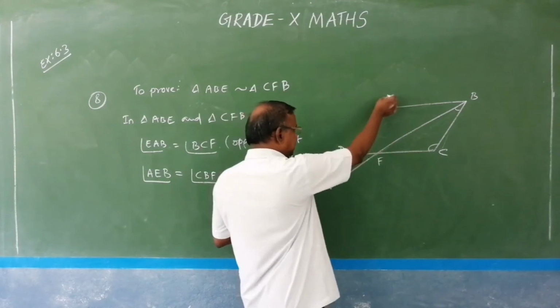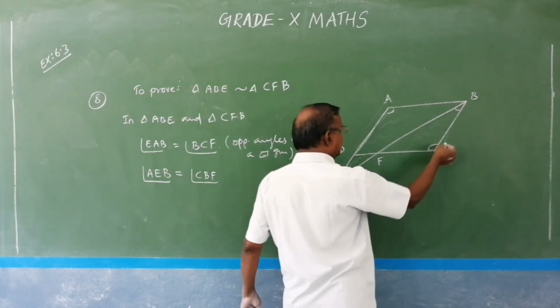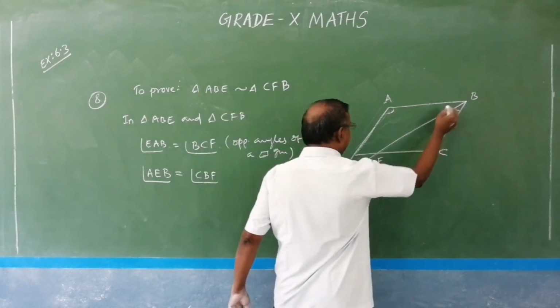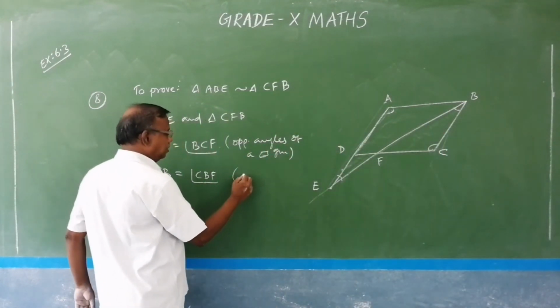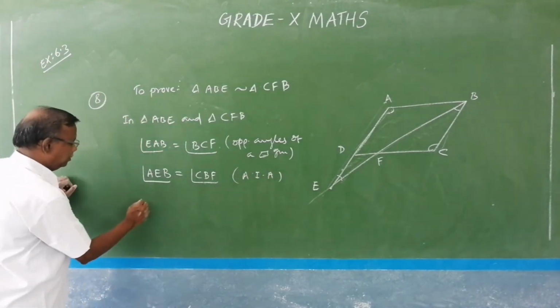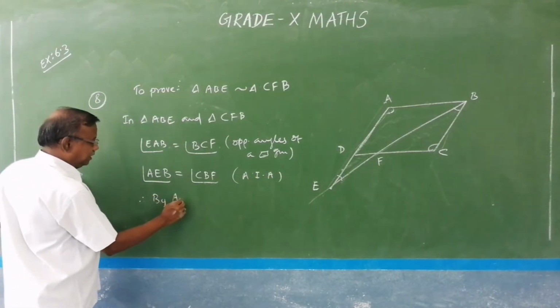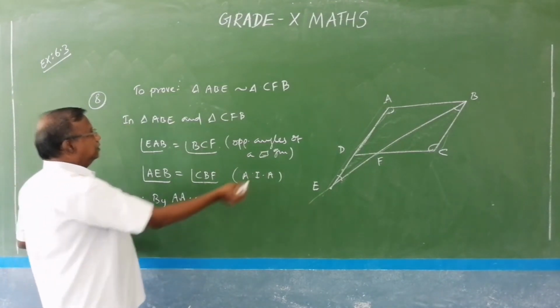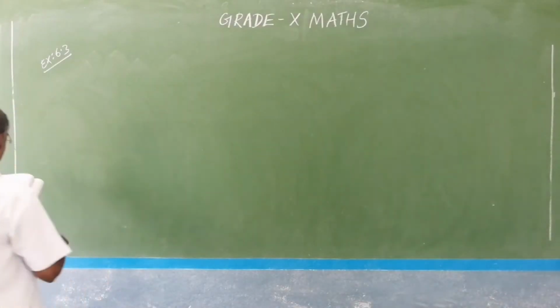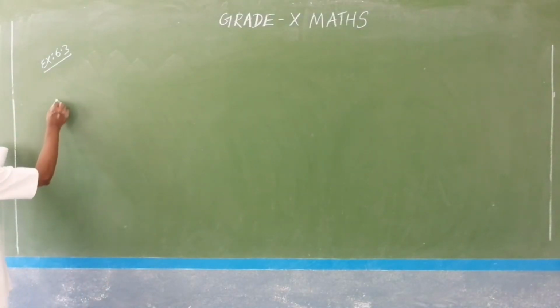How? Because AE and BC are parallel and BE is transversal, so these are alternate interior angles. Therefore by AA similarity criterion, these two triangles are similar. Next, question number 9.